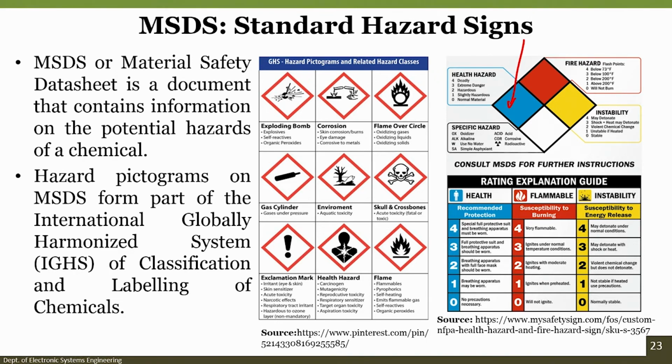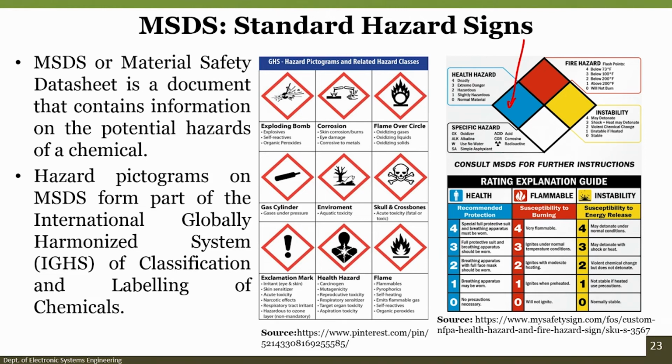If it is red, it stands for fire hazard. If the flash point is below 73 degrees Fahrenheit, then you say it is 4. Below 100 degrees Fahrenheit, 3; below 200 degrees Fahrenheit, 2; above 200 degrees, 1; and if it will not burn, it is 0. Instability is the yellow one: if it can detonate, it is 4; shock plus heat, 3; violent chemical change, 2; unstable if heated, 1; and stable is 0.